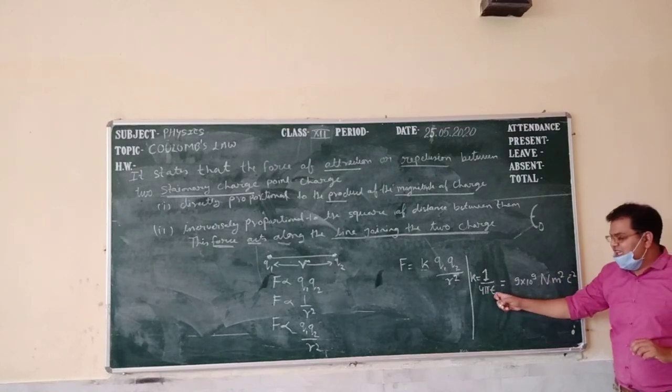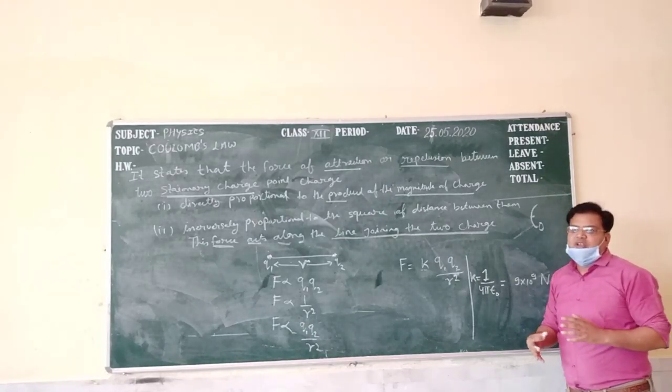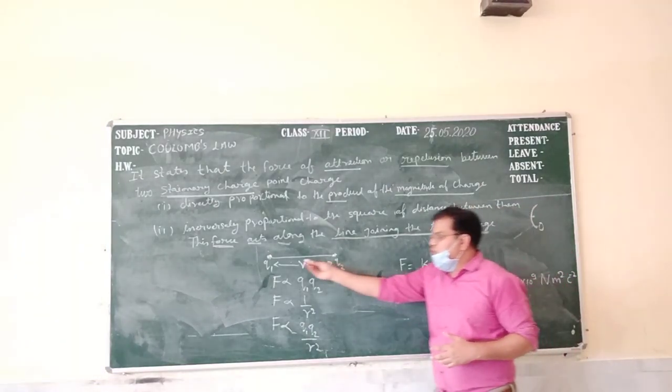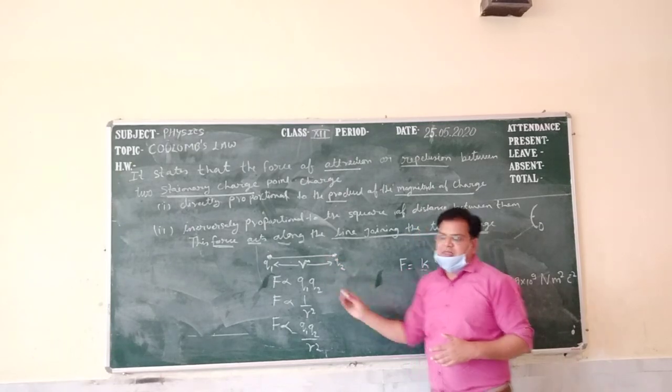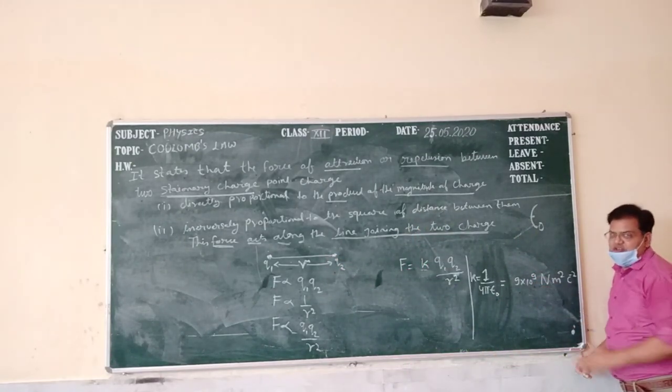The value of permittivity epsilon naught depends on the medium in which the two charges are placed. 9 into 10 to the power 9 is the value in free space.